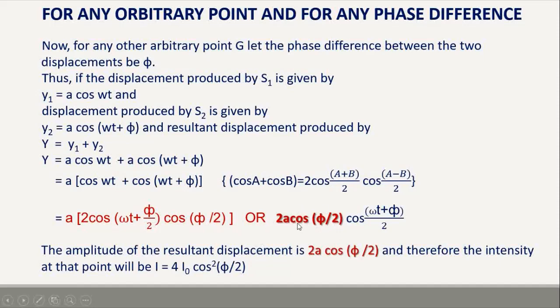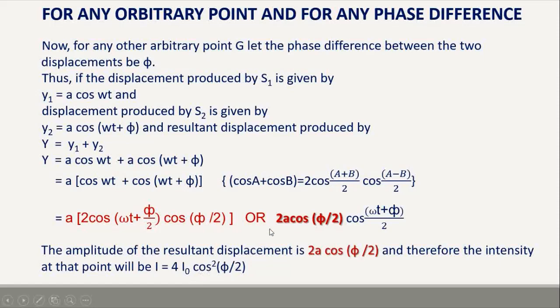Then squaring the amplitude, because intensity is directly proportional to the square of the amplitude, while squaring this we have to keep cos square phi by 2 as a separate term, multiplying with 4 I naught. As you know, whenever two waves are intersecting, the maximum intensity of the resultant wave is always equal to 4 times the individual wave intensity.